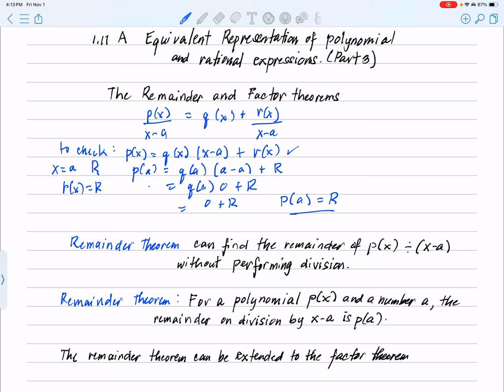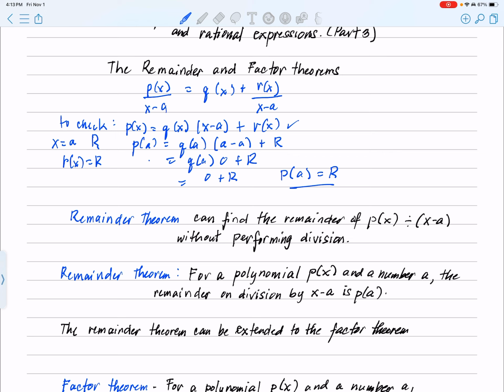So this result shows that we can find the remainder of p of x divided by x minus a without performing the division, either long division or synthetic division. The remainder can be found by using the remainder theorem. So the remainder theorem can find the remainder of p of x divided by x minus a without performing the division.